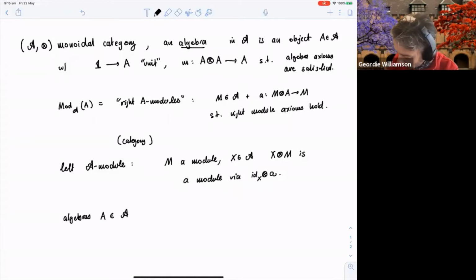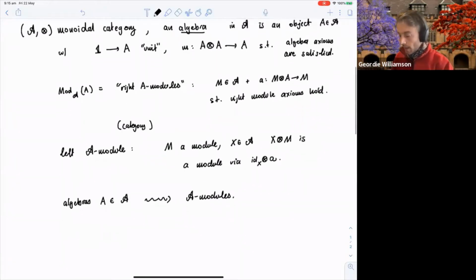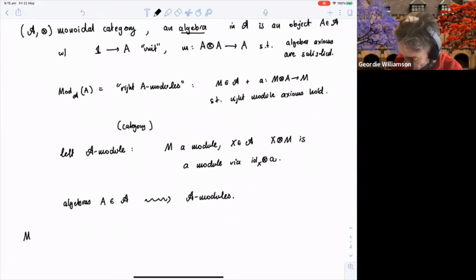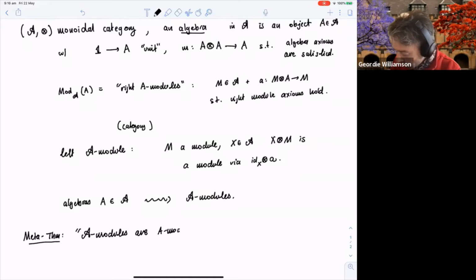So this gives us a way of going from algebras in a monoidal category to module categories. And the meta theorem is that A modules are A modules.